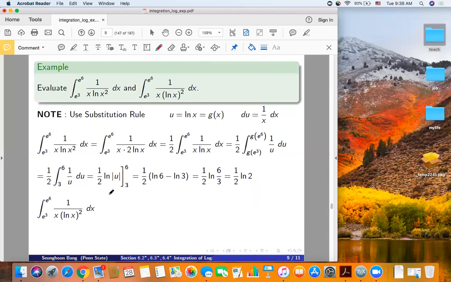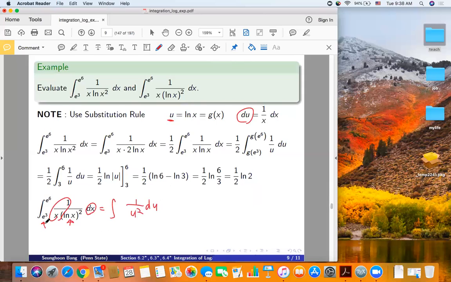Second problem, similar. You plug u in here. This is the same as the integral of 1 over u squared, where 1 over x dx is du.